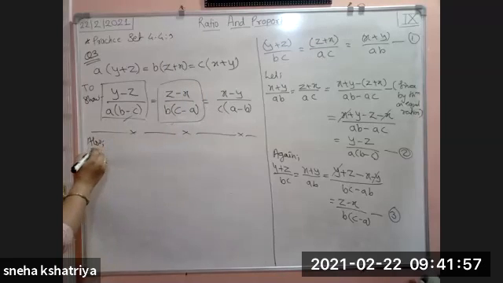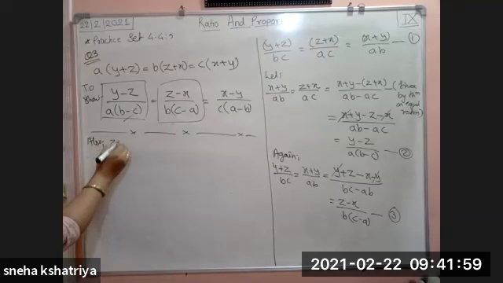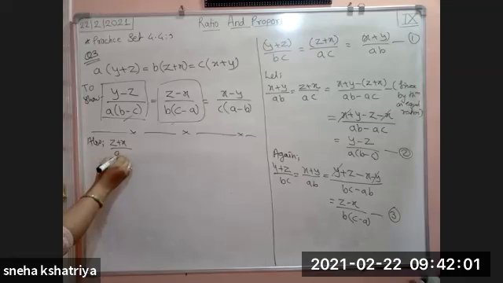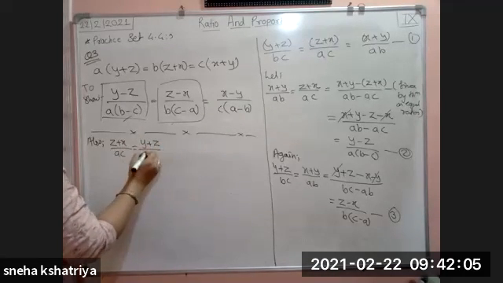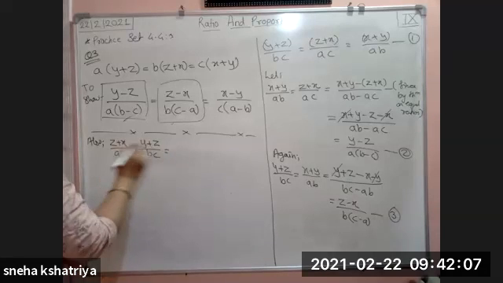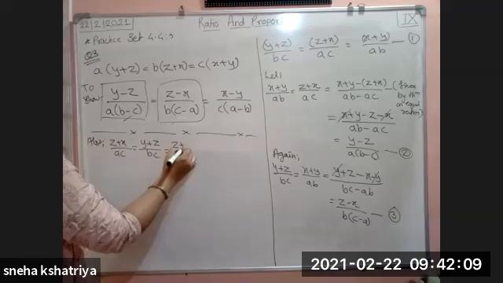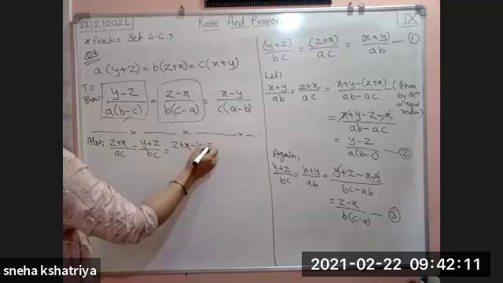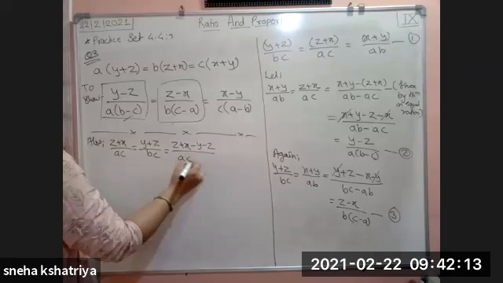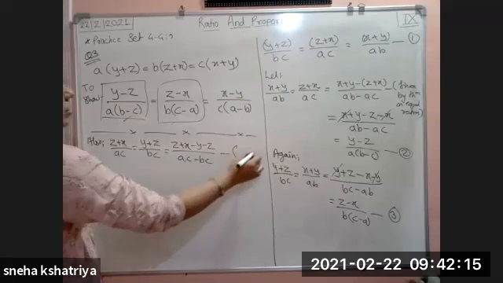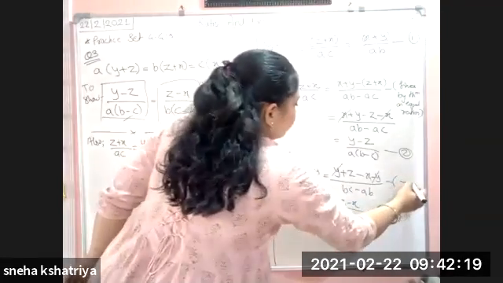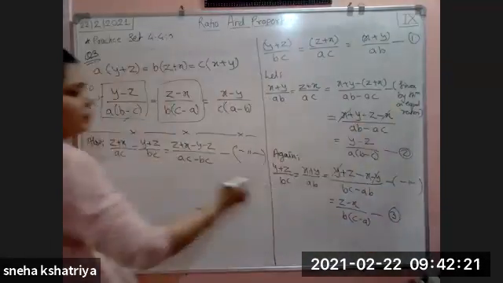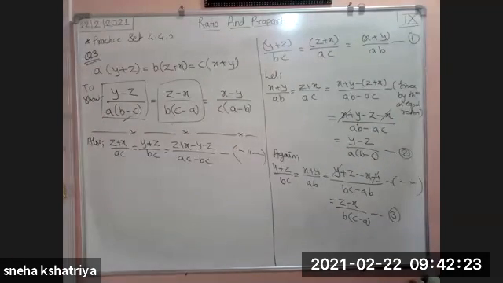So first we will write the Z plus X upon AC, which is equal to Y plus Z upon BC, which is equal to, again subtract them, Z plus X minus Y minus Z divided by AC minus BC. Here you have to write the same property. Here also, the same property you have to write all the sides.